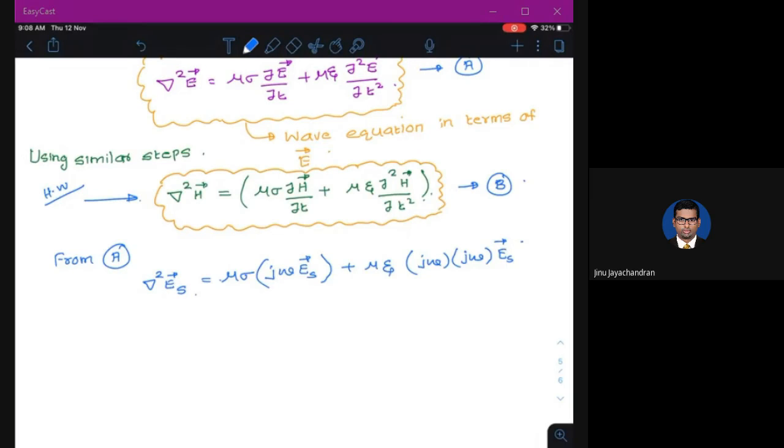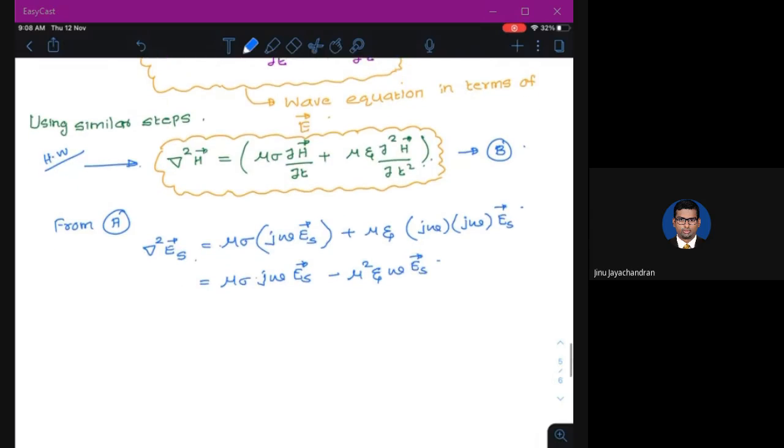So this is equal to mu sigma J omega ES plus or minus mu epsilon omega square ES. Okay, or I can write in general, you can just take J omega mu out and I can write as J omega mu into sigma plus J omega epsilon ES.